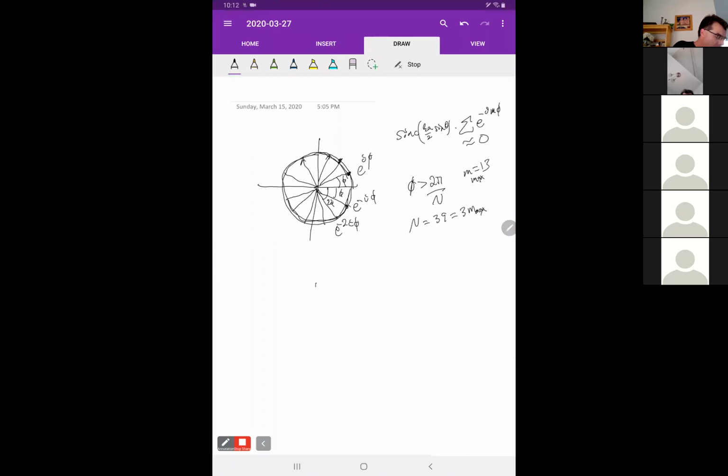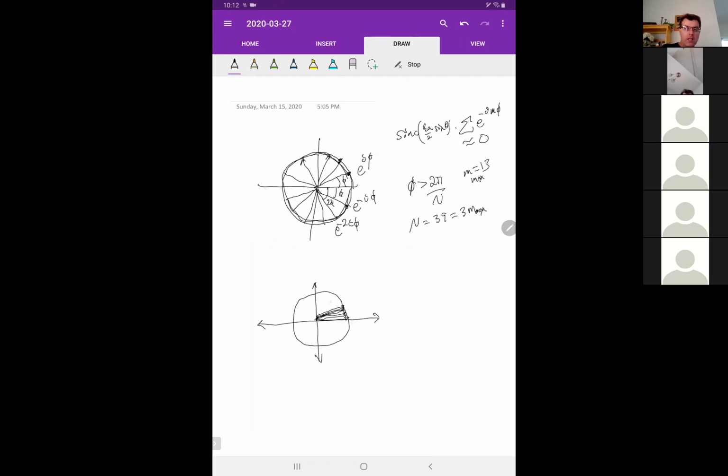So the only time that this would not add to 0 is if we were adding this and this and this and this and this, and just a whole bunch of things that are all really close to each other, okay?